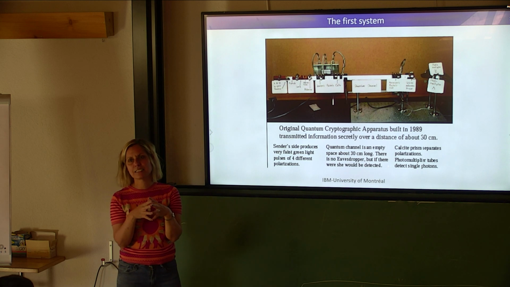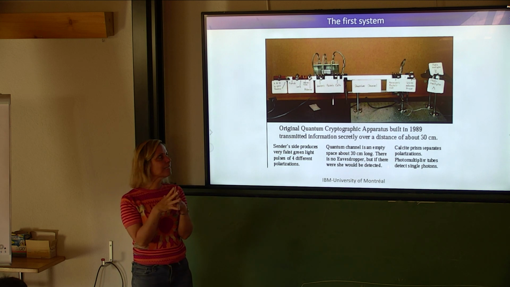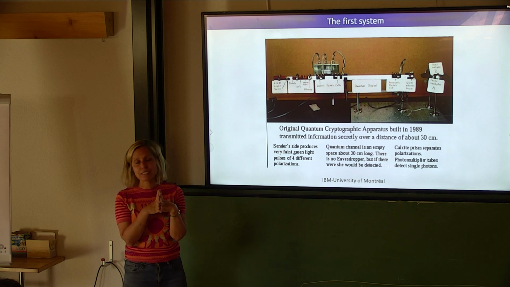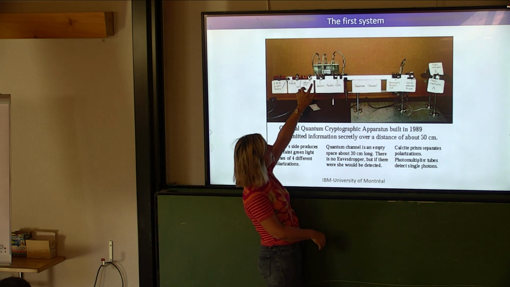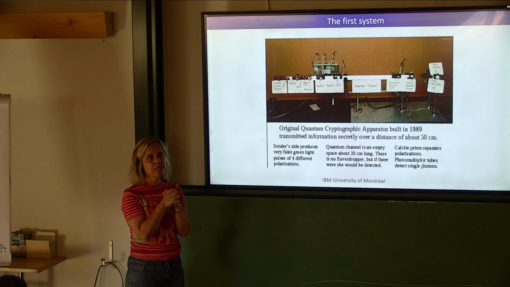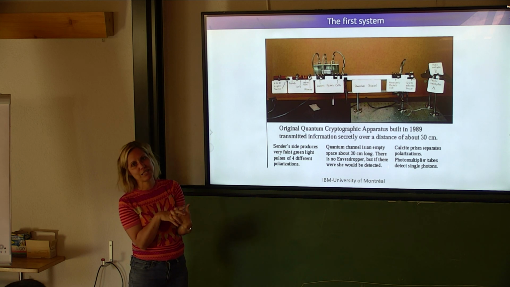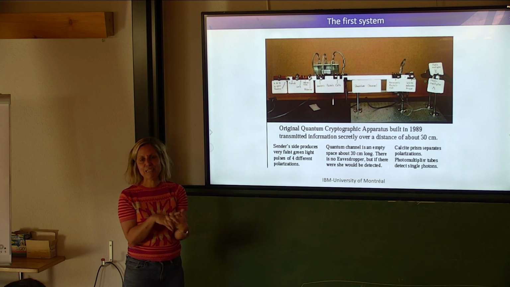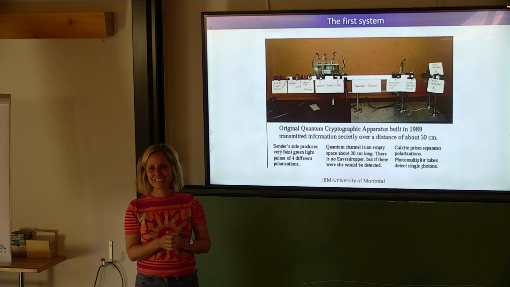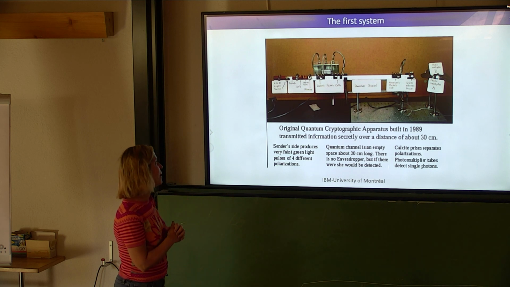The legend has it that the system was extremely vulnerable to side channel attacks in the sense that this modulator that you see here, the one that picks the four BB84 states, was extremely noisy, and it made a different noise for each polarization that was selected. So it would have been enough, the legend says, to listen to the device to be able to hack it.